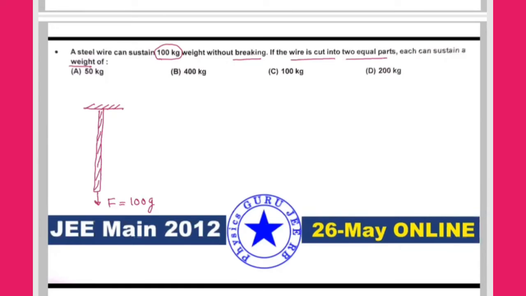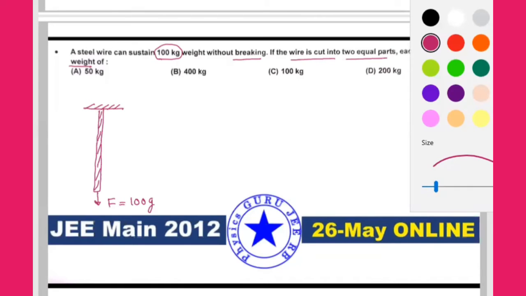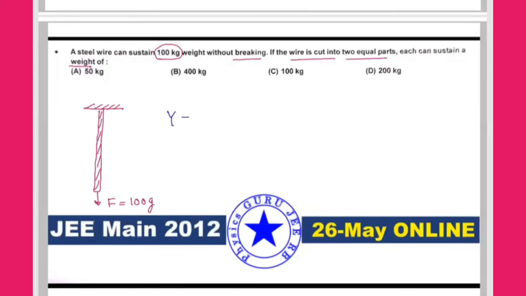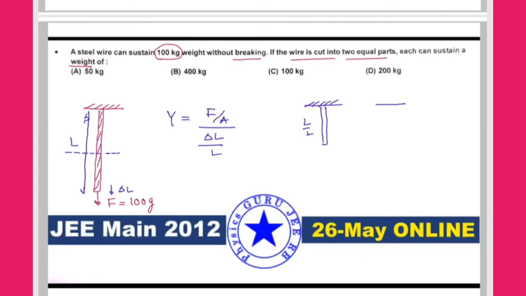So if I want to write here, Young's modulus Y is equal to force by area divided by delta L by L. So let me take the length as L and the extension as delta L. Now let me take it cut into two parts. Both are L by 2 and L by 2, two equal parts, right?